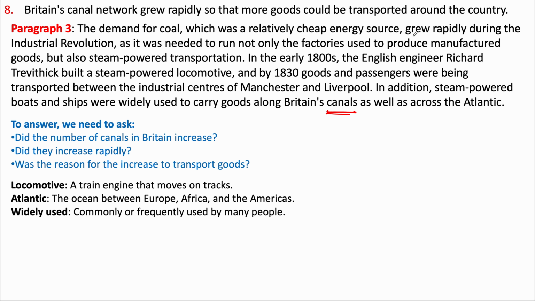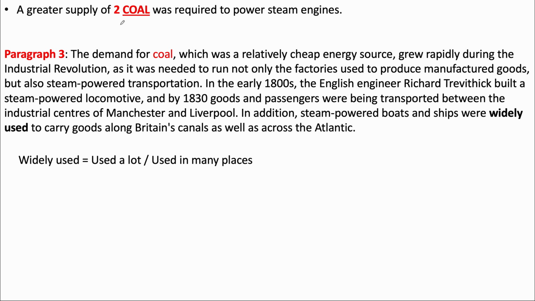Also, grew rapidly is mentioned in the beginning of the paragraph. This part is about demand of coal increasing. Again, nothing to do with canals. We have discussed this part of the paragraph in detail when discussing the second question.